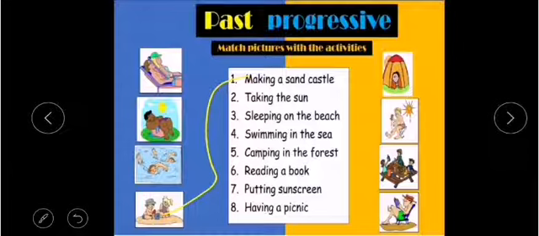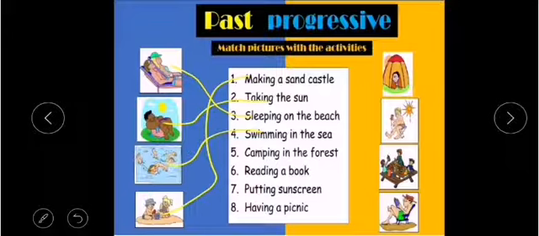Taking the sun. السؤال what was he doing. شو كان يعمل. He was taking the sun. Sleeping on the beach. Which one? منهم two، they were sleeping on the beach.